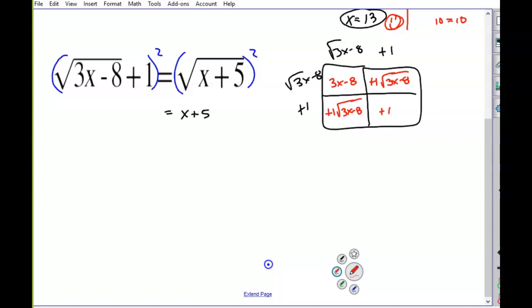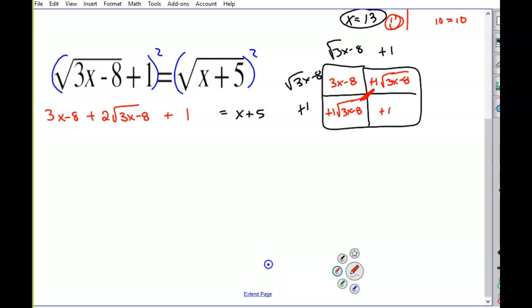And when I add all that together, I know this is a lot faster than I probably should do it. We get the first box, and then the second 2 boxes are like terms, so I'm going to add those together to give me 2 square roots of 3x minus 8 plus 1.